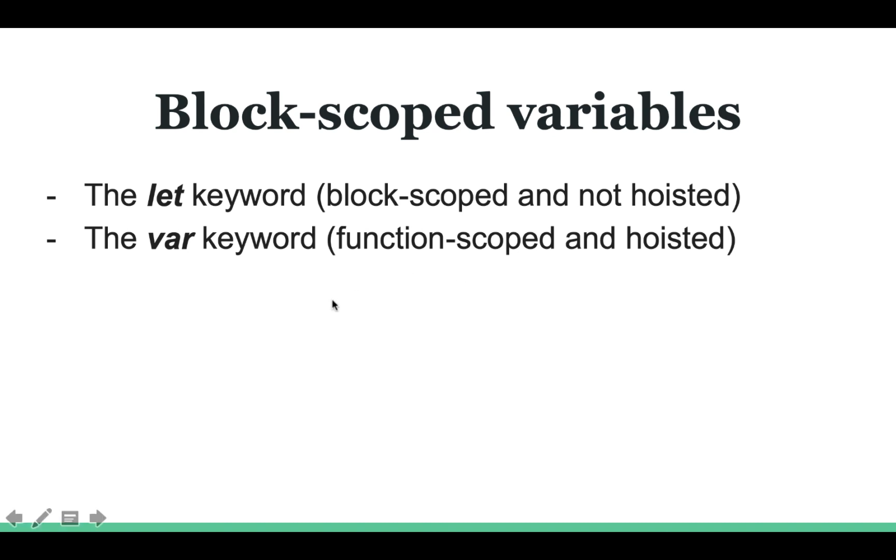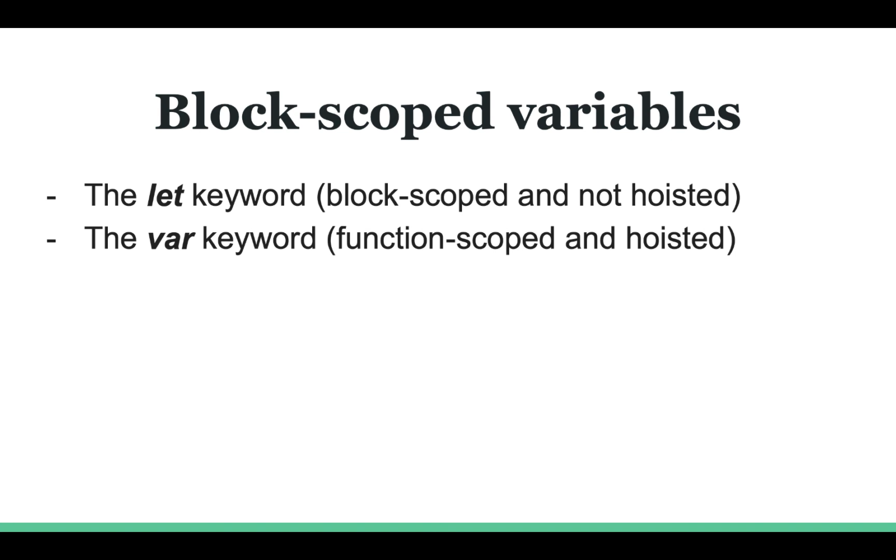The variables declared with var keyword are function scoped and hoisted, but variables with let are block scoped and not hoisted. But what is block scoping? Let's see that. It means that between a pair of curly brackets as a block, a new scope is created.